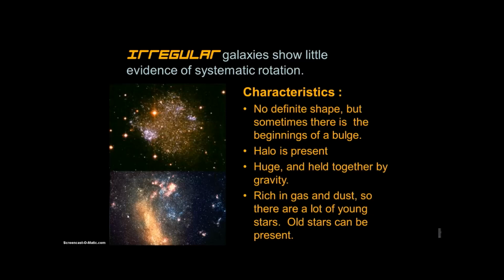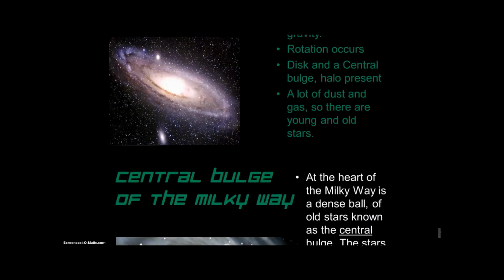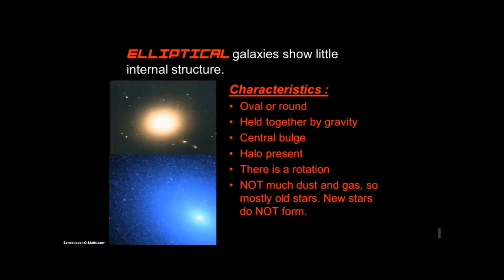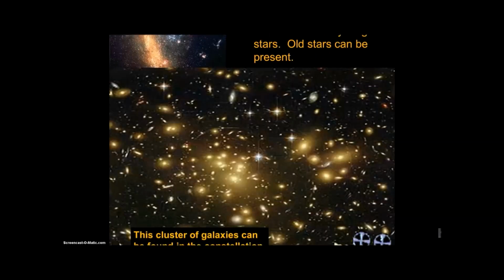All right, so those are the characteristics of your spiral, your elliptical, and your irregular. And hopefully what you can do, you can go back and look at the video if you have to, pause it, and write these characteristics down in your wicks.